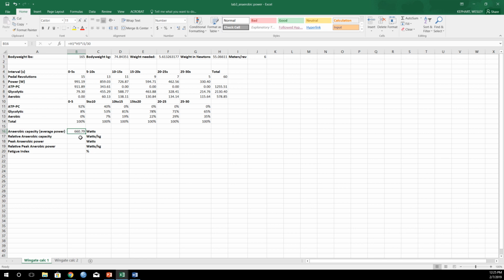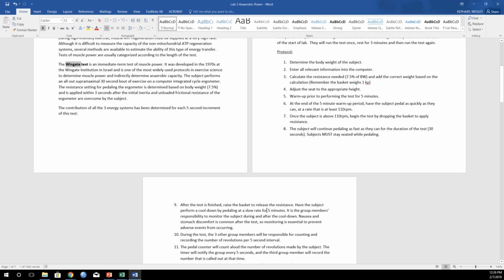Now, how we compare this between individuals who have different body weights, we would actually divide by kilograms. So we would enter, highlight that, divide, body weight in kg, right there, enter that. There we go. So 8.83. And if we go look, I supplied this for you over here.